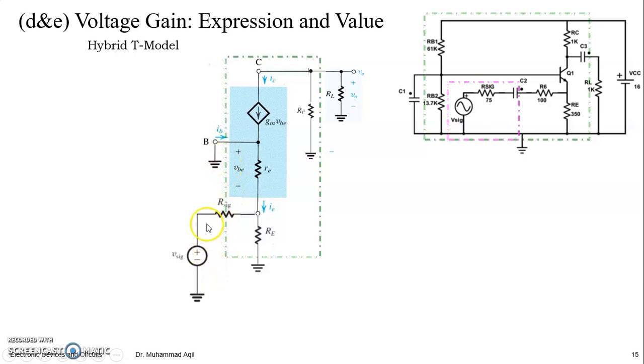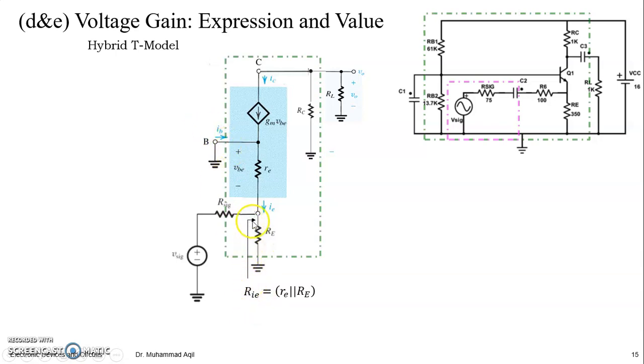Now we can see what our input and output are, but here the base is grounded. Our input is going to be coupled at the emitter, so we have to see our input resistance there. It means we are looking at the resistance of the transistor by looking into the emitter. So we are interested in RiE, not RiB, right?